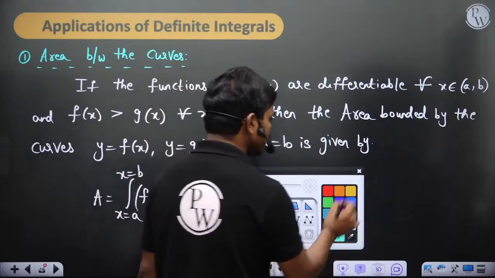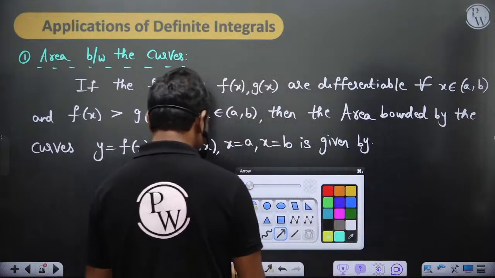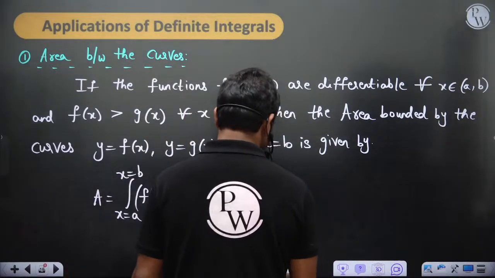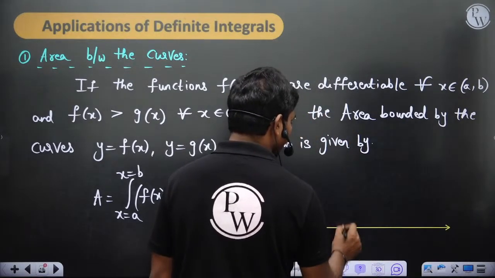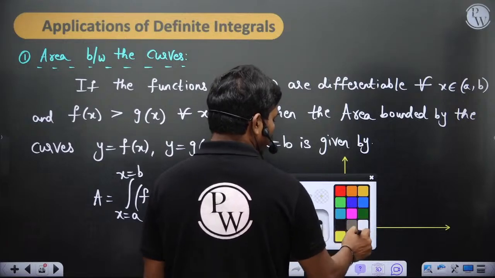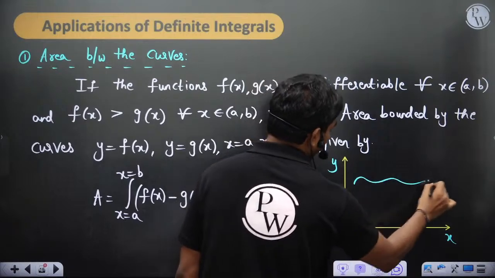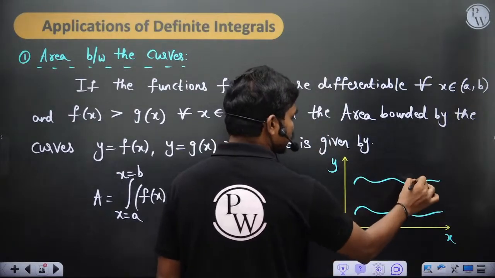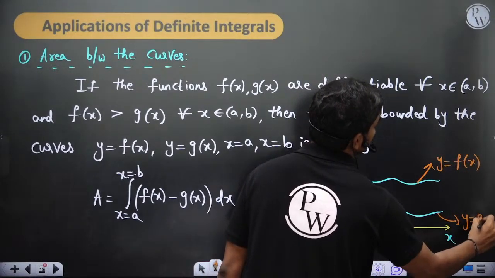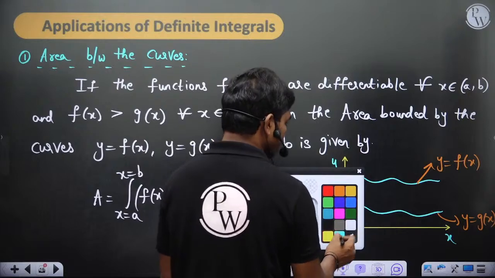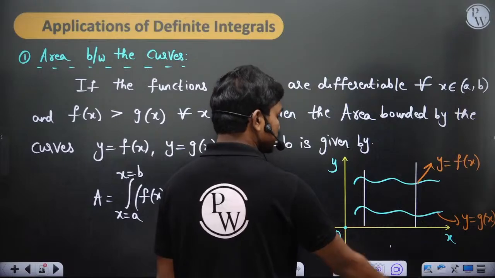So in general, if you have two curves like this, just a second. Oh, something went wrong. Just a minute. So let's see. If you have curves like this, with the origin, x and y axes, depending on the geometry and shape, you have f of x and g of x, and x equal to a is something like this here, and x equal to b is something like this here.